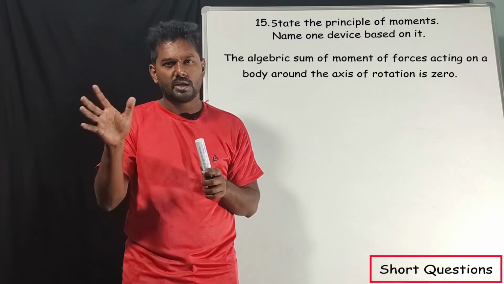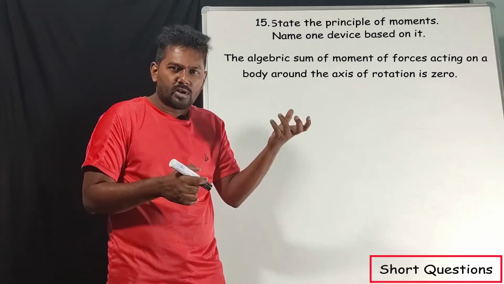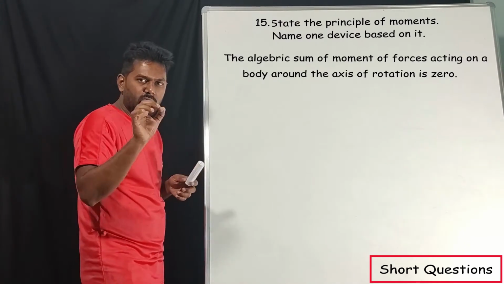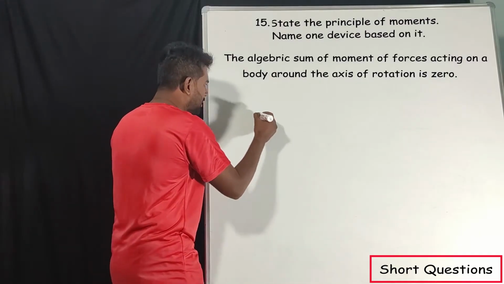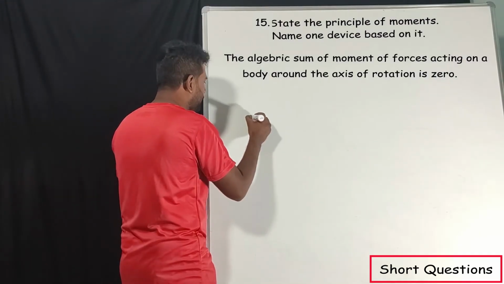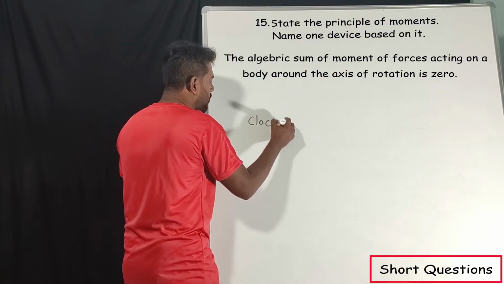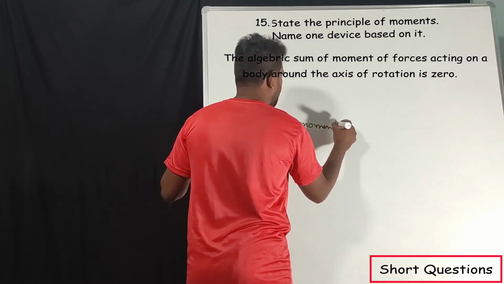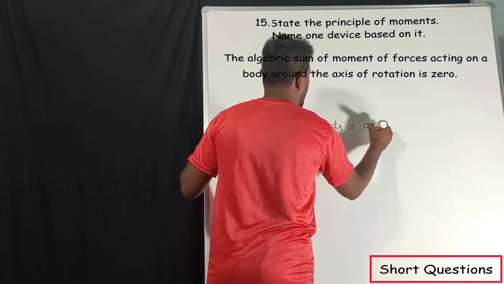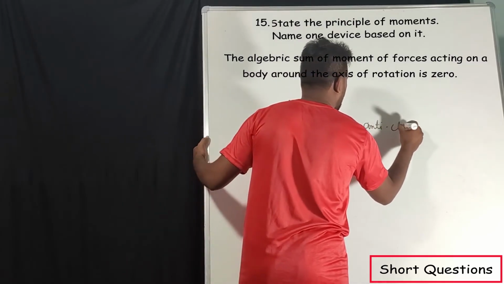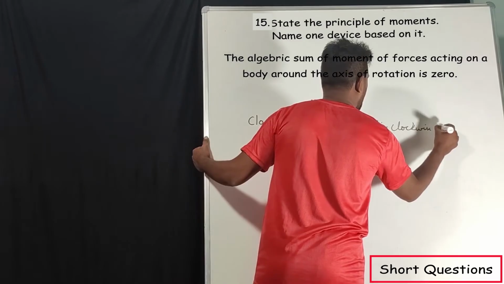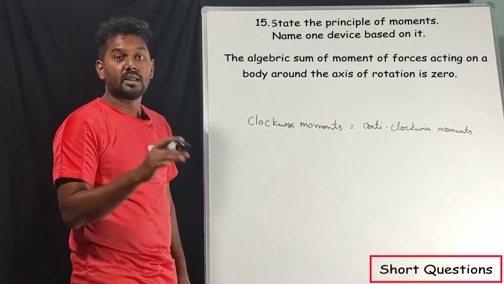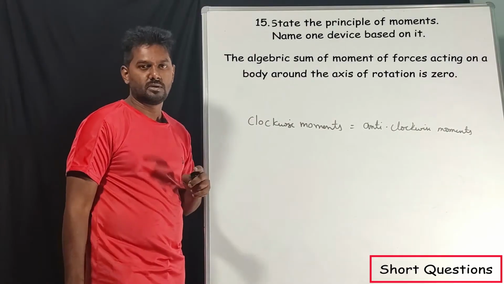If you don't want to write this lengthy sentence, you can write: principle of moments is nothing but clockwise moments equal to anti-clockwise moments. You can also write this as a definition.